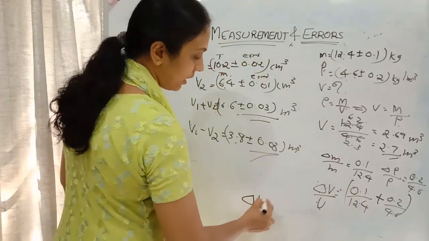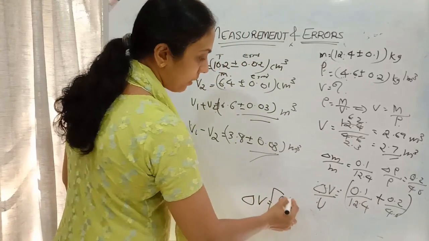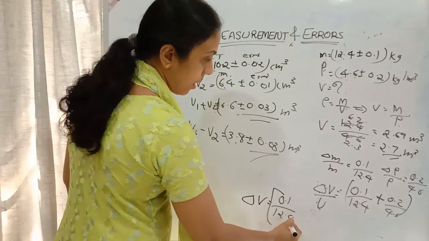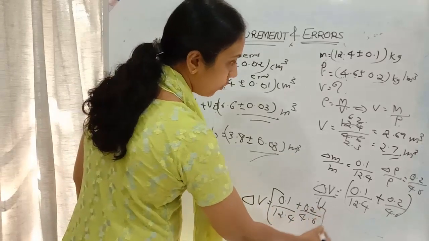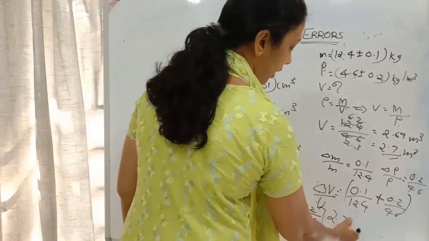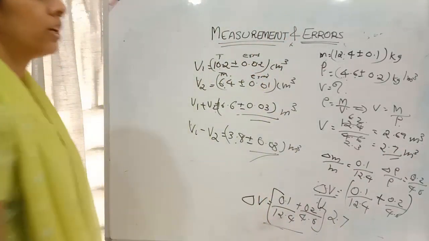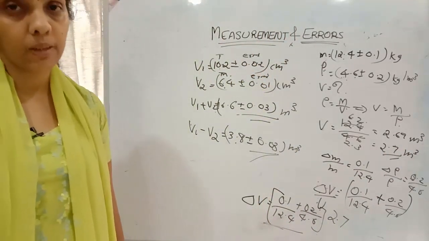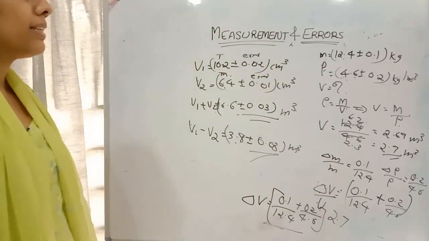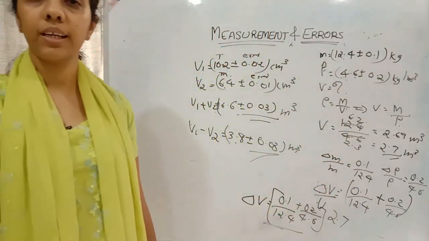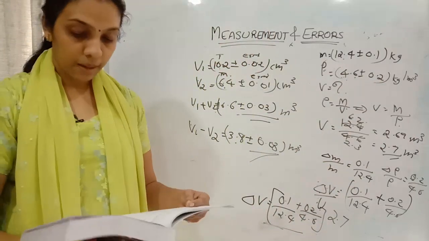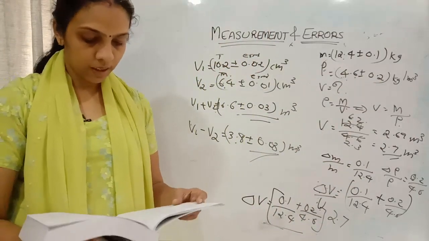Delta V will be equal to 0.1 divided by 12.4 plus 0.2 divided by 4.6, into V. The V value is 2.7. When you calculate this, you will find the delta V value. So these are the steps you should follow to find delta V. Clear, children? So this is one of the numericals given here.